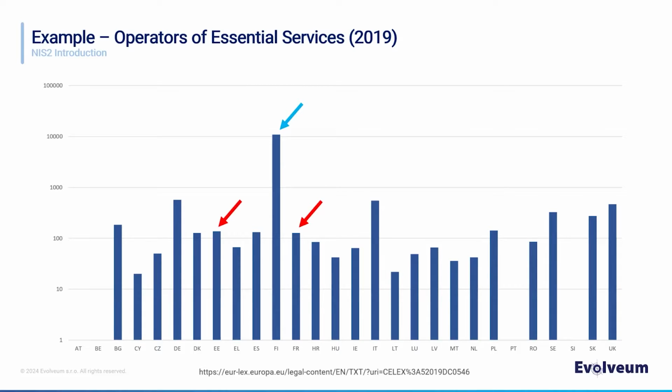The other example is Estonia, one of the smallest countries in the EU, and it has more operators of essential services than France, which is one of the largest countries in the EU. So you can see the numbers are quite different across the member states.